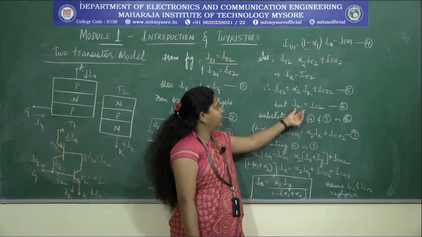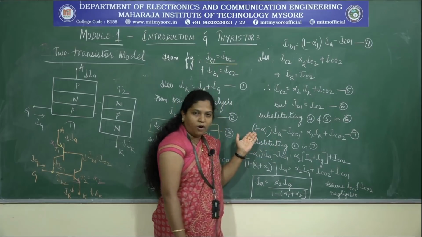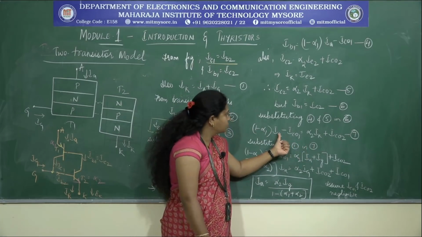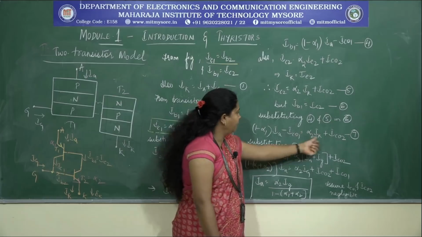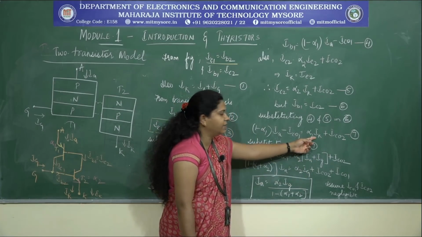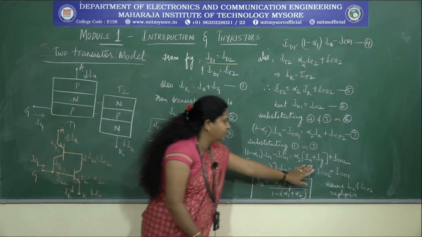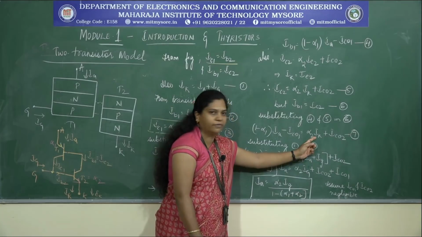Since both are equal, write the equations for the same. Now, take all the like terms to one side. IA can be replaced in terms of IK, where IK is nothing but IA plus IG. So, rewrite it as IA plus IG instead of IK.